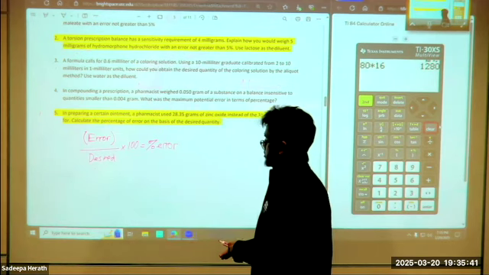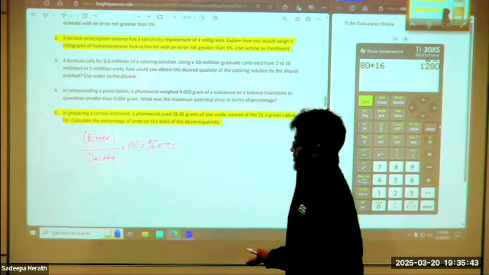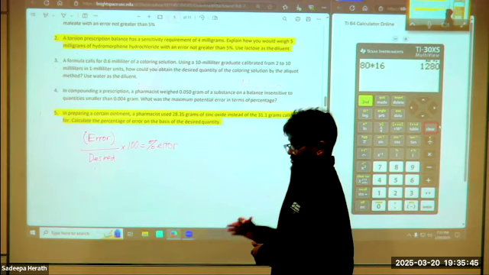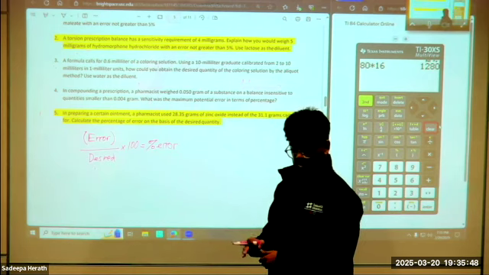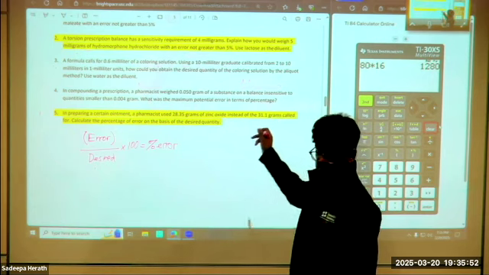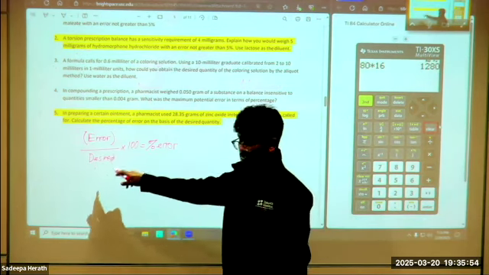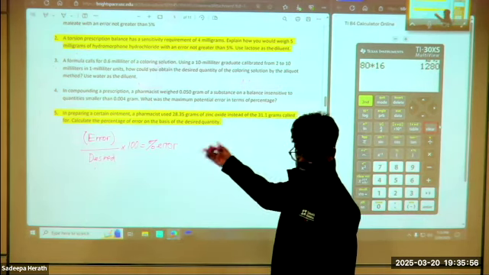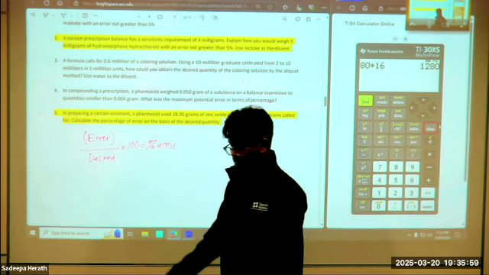To get percent error, you need to subtract what was actually measured from what was desired, divide by what was desired, and then multiply it by 100 because percentage, right?